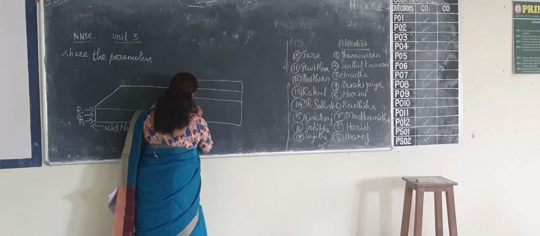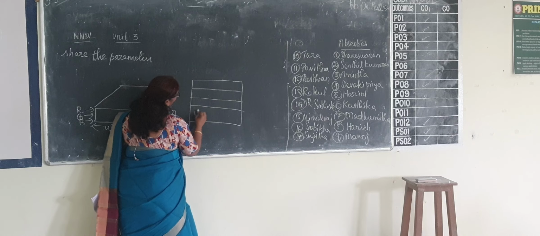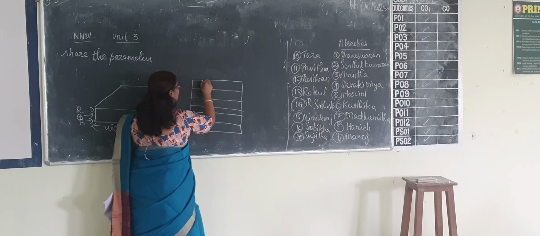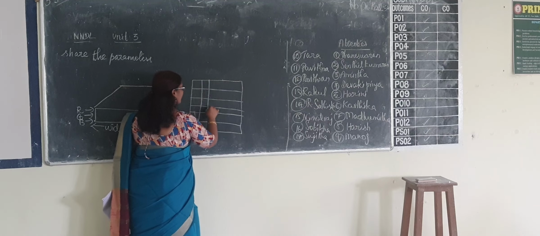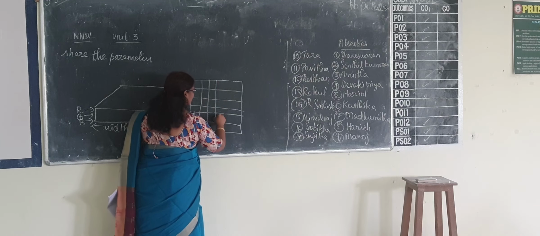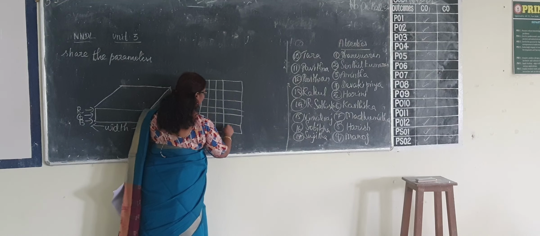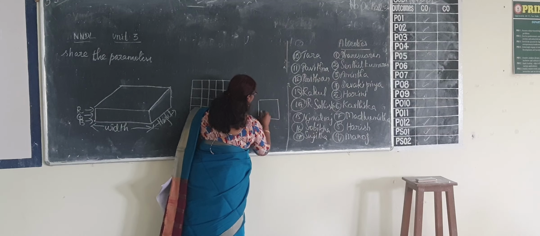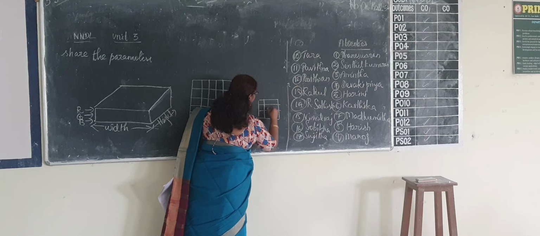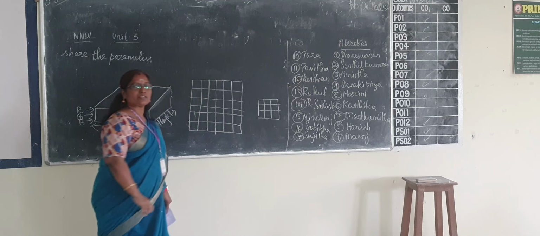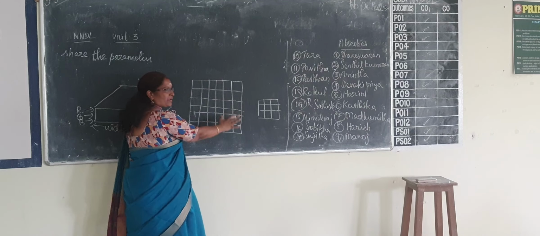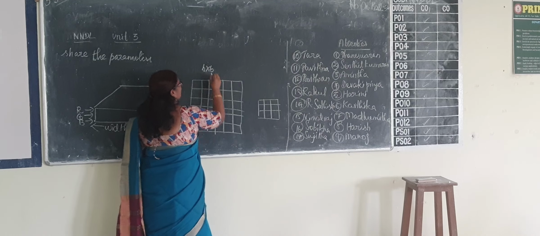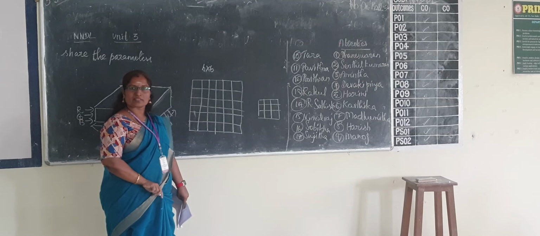Suppose I consider the entire image as there is no conversion. This is just to make you understand. Listen here, this is my whole image, which is represented by a 6 by 6 matrix.